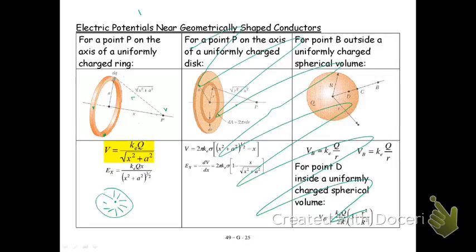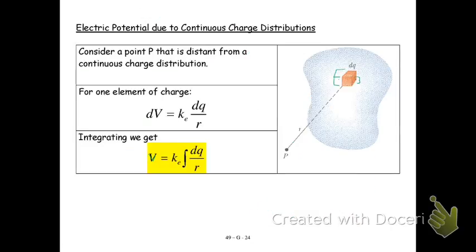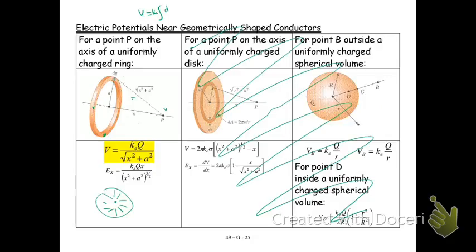So V equals Ke times the integral of dq over r. This is my dq over r. r is constant, so V equals Ke over r times the integral of dq.